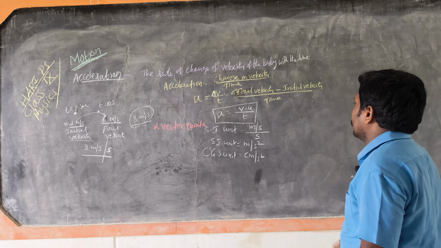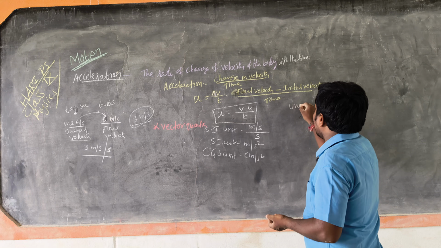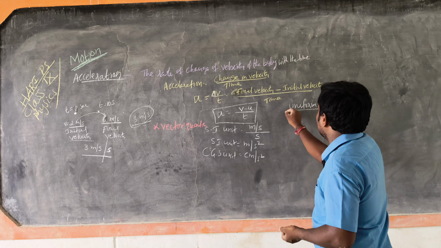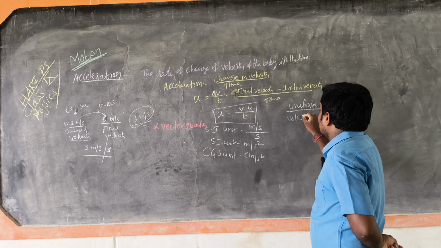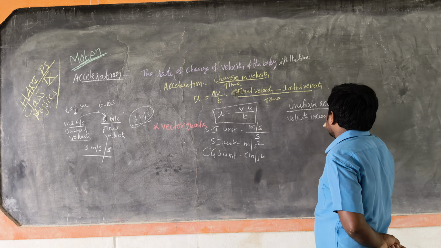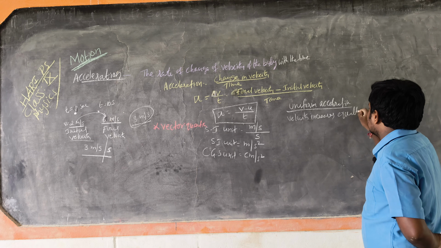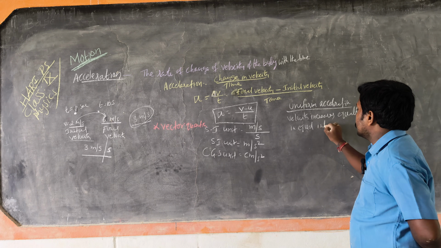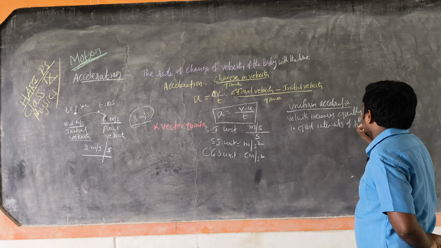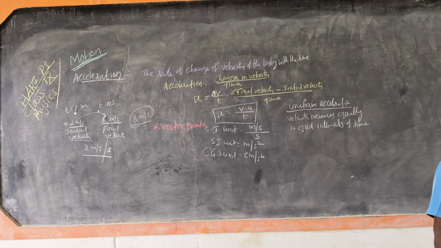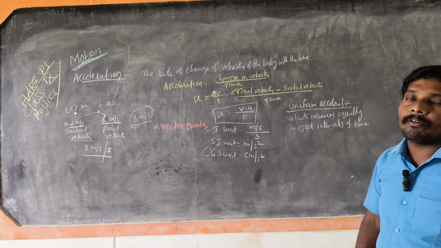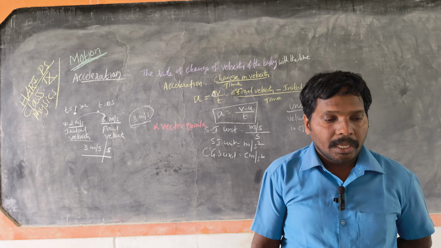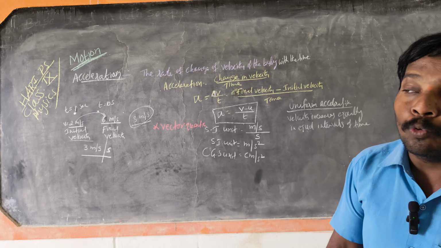Uniform acceleration means velocity increases equally in equal intervals of time. A body has uniform acceleration if velocity changes at a uniform rate.